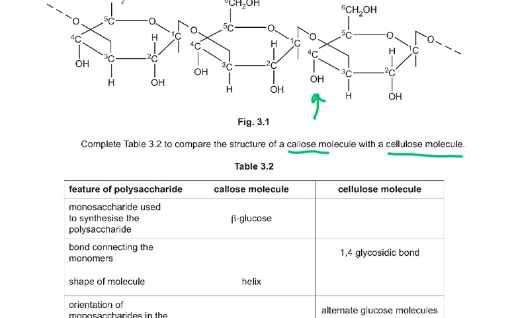These of course also have on carbon 1 they are above. So this is also beta glucose. Then the bond connecting the monomer is a 1,4 glycosidic bond in cellulose. Here what you see is 1 and 3. This is the glycosidic bond. So this is a 1,3 glycosidic bond.